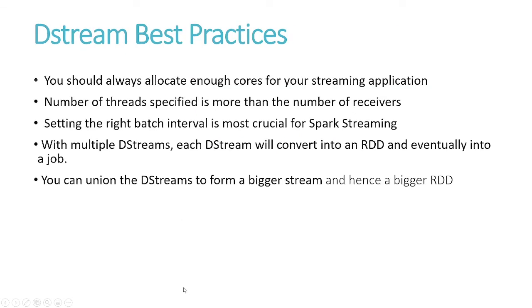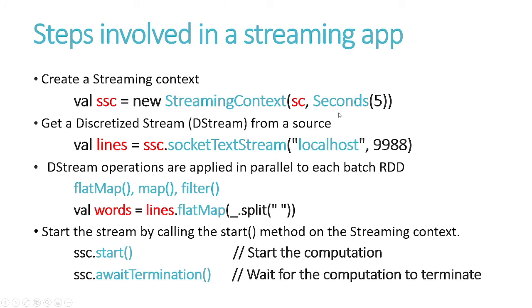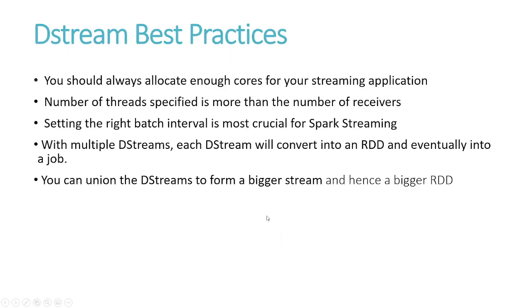So this is the overall flow. What are the best practices for using DStream? What should you consider? As you saw in the previous slide, we define the time interval. So you should consider the specified time, and the number of threads specified for the receiver, which should match the producer, the data produced and the receivers.